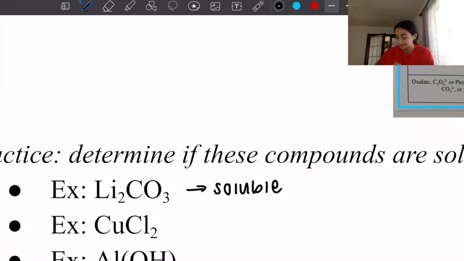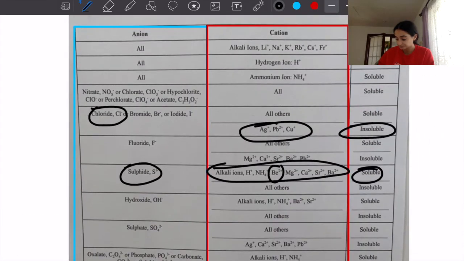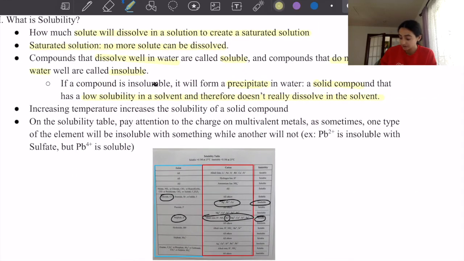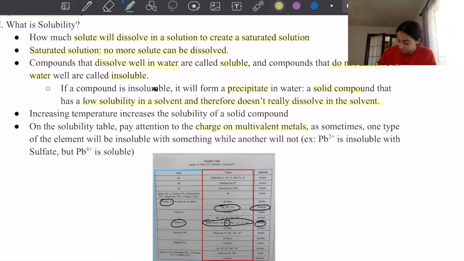Now let's check CuCl2. So chlorine is insoluble with Cu plus, but soluble with Cu2+. And this is something I wrote up here that I forgot to mention, that on the solubility table, you have to pay attention to the charge on the multivalent metals, as sometimes one type of the element will be insoluble with something while the other type will not.